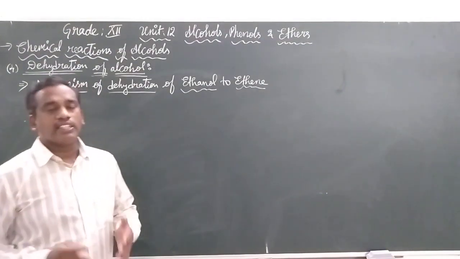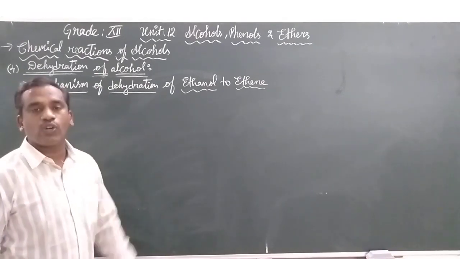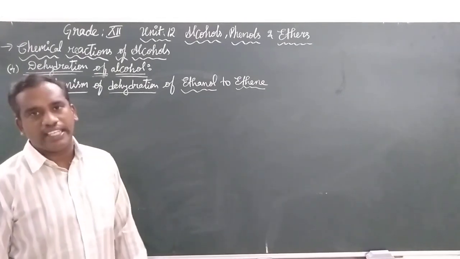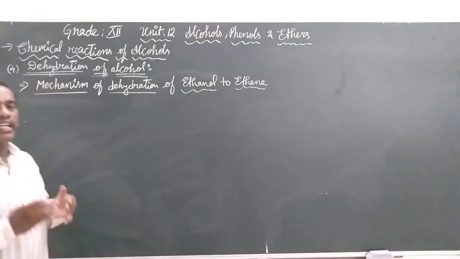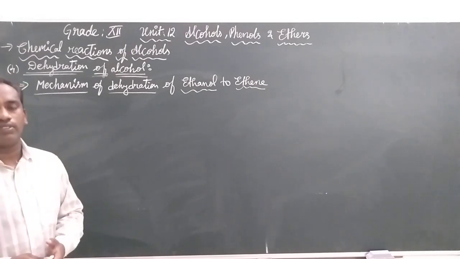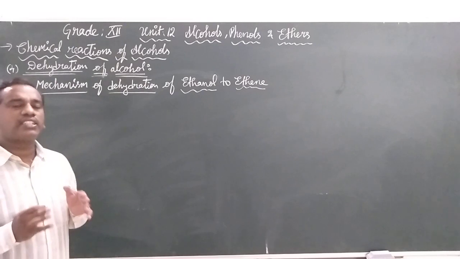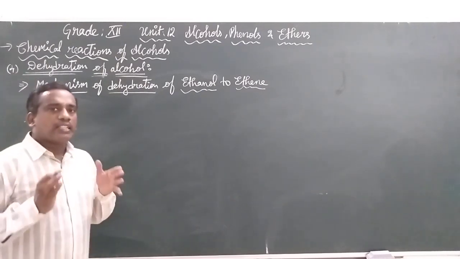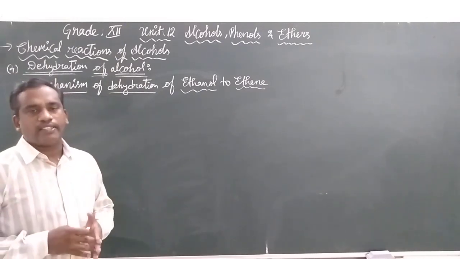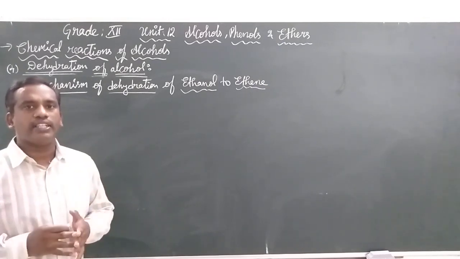So let us see the mechanism of dehydration of ethanol to ethene. This will be a 3-step mechanism. That's the point we need to consider. First and foremost, the concentrated sulfuric acid will be the proton donor in this situation.